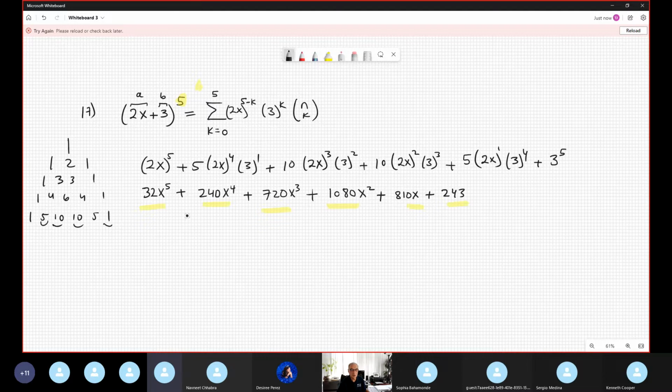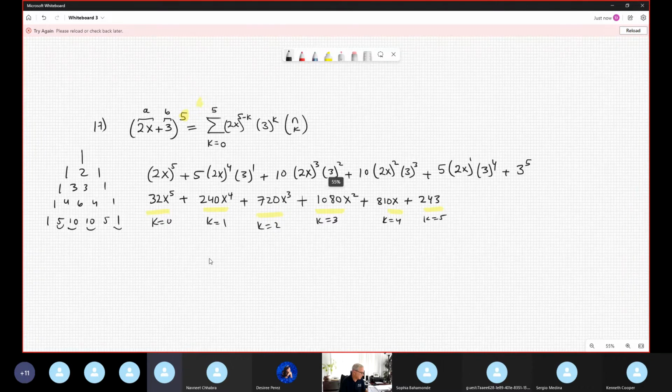Because the first one is k0, k1, k2, k3, k4, and the last one is k5. That is the reason that we have one more. Clear or no? Let me know. Binomial is clear.